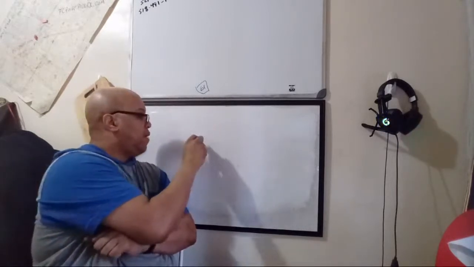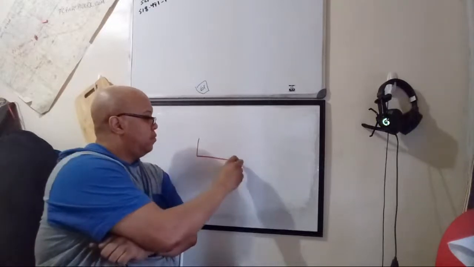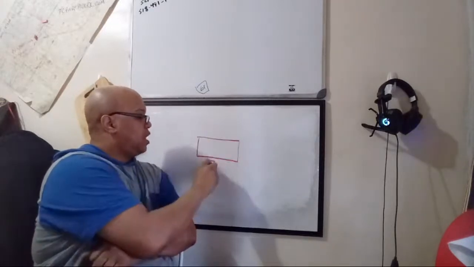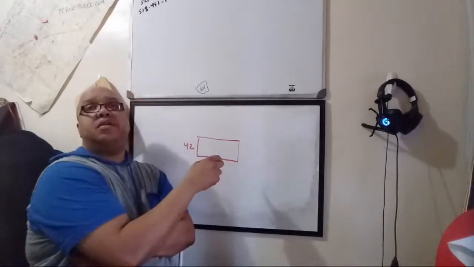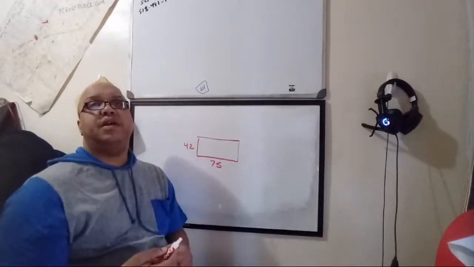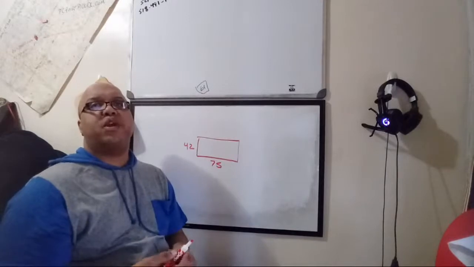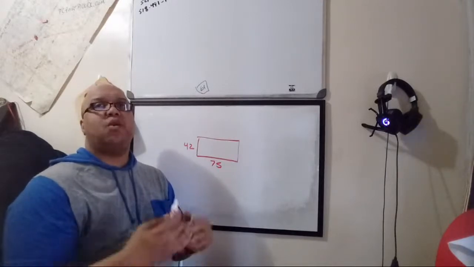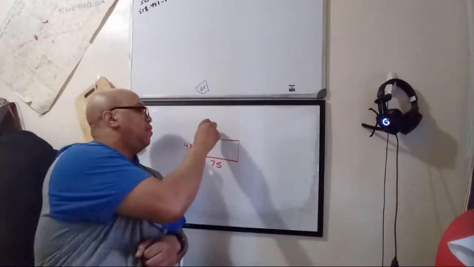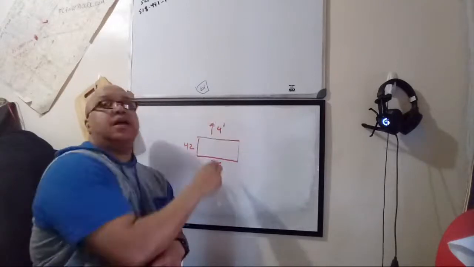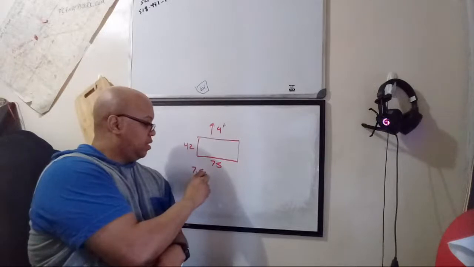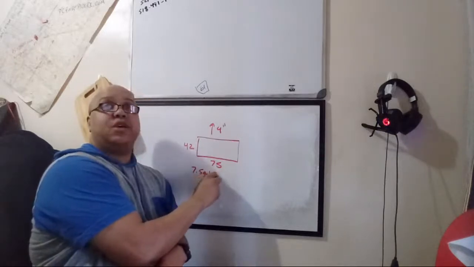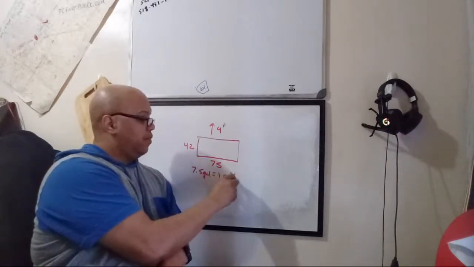So from a top view, this is what it would look like. 75 feet by 42 feet. Nice sized pool. How many gallons of water are needed if we're going to raise the water level 4 inches? And they give us that 7.5 gallons is equal to 1 cubic foot.